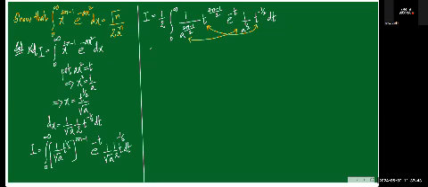The next step is very important. I is equal to, this is 1/2 outside only, integral 0 to infinity of 1 by, here we already have a power.